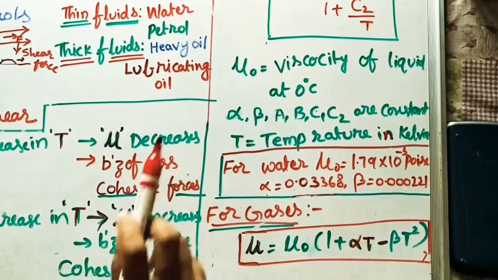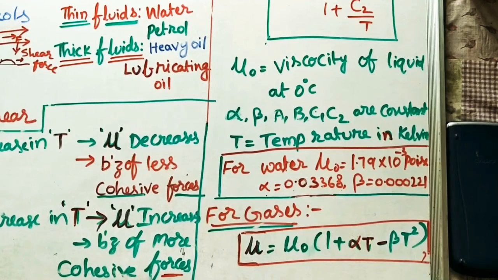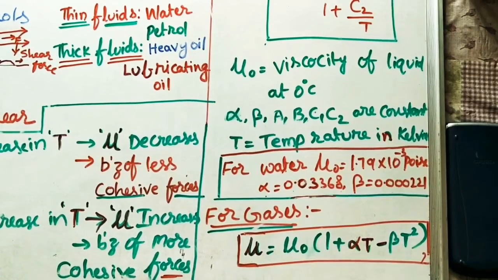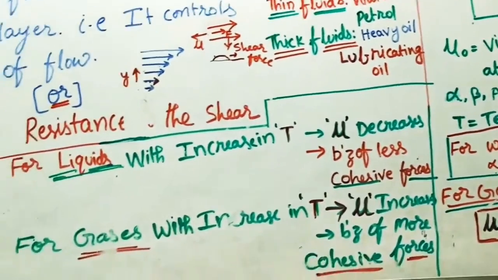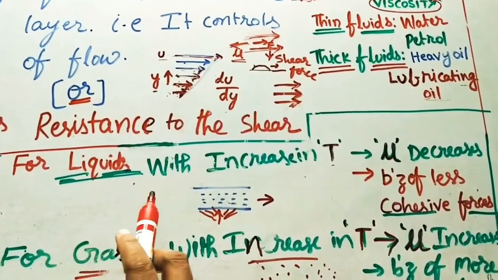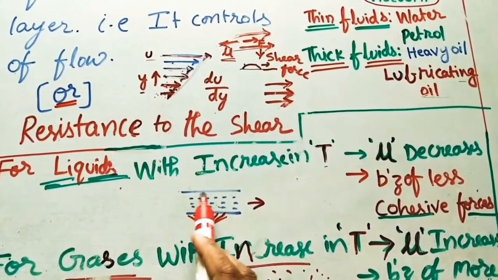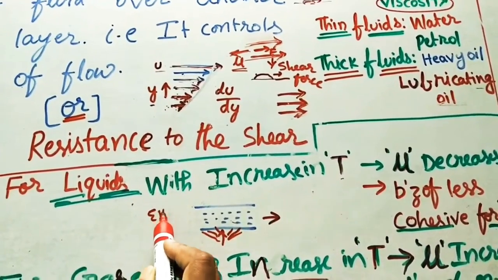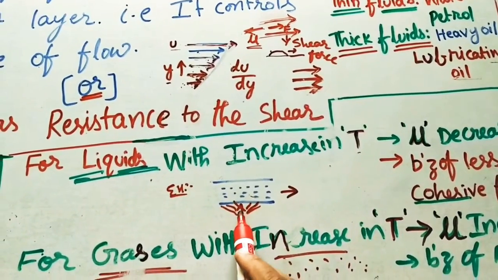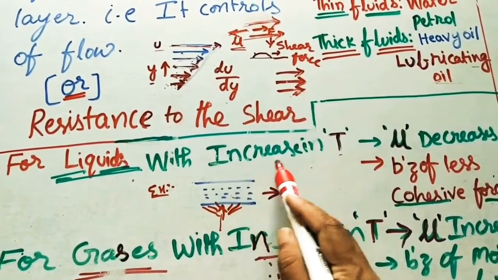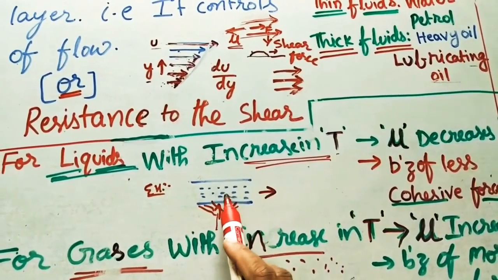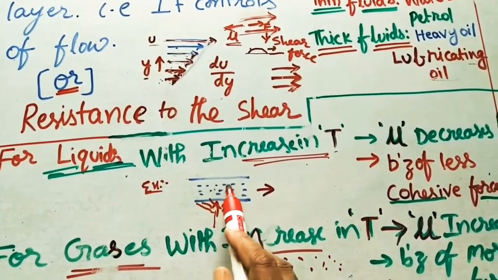Why in liquids with increase in temperature does viscosity decrease, and in gases with increase in temperature does viscosity increase? For liquids, take this example. In this example I am taking a liquid, and I am heating it because I am increasing the temperature. With increase in temperature the particles will get energy.